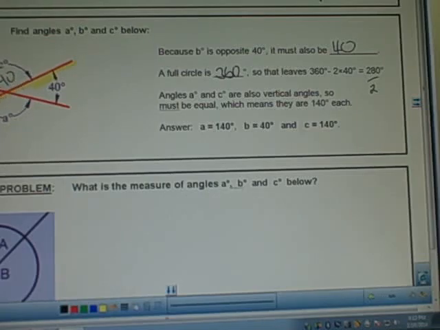So this altogether must be 180 degrees. So 40 plus what equals 180? 140. So we know that C is 140 degrees, and thus A, its vertical angle, is also 140 degrees.